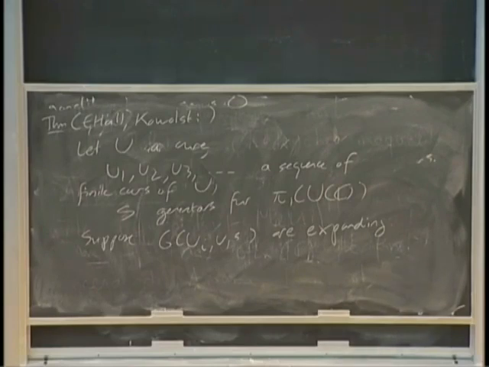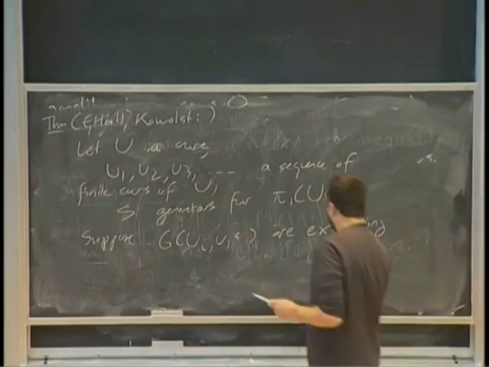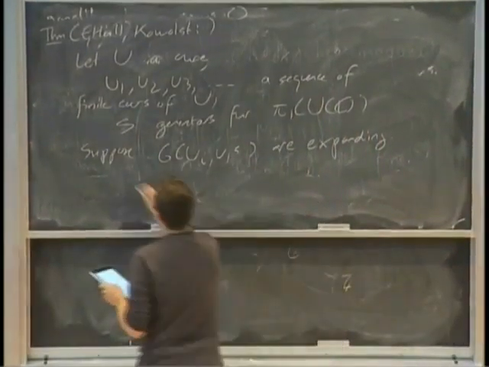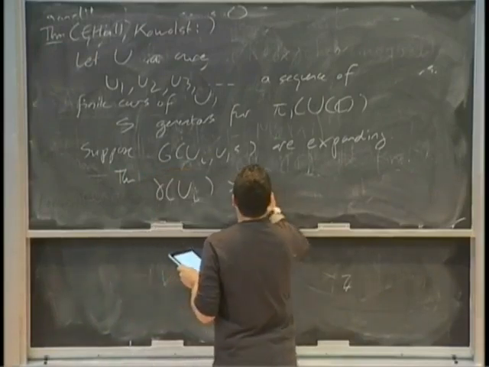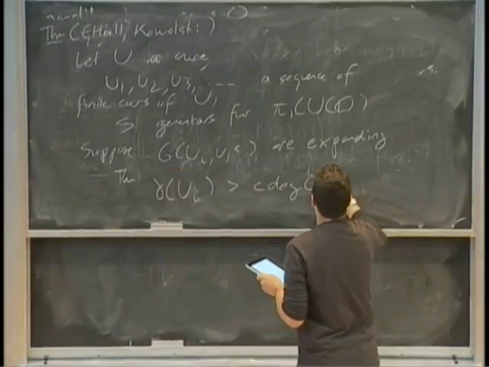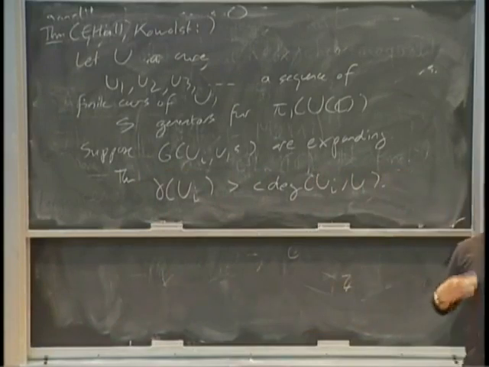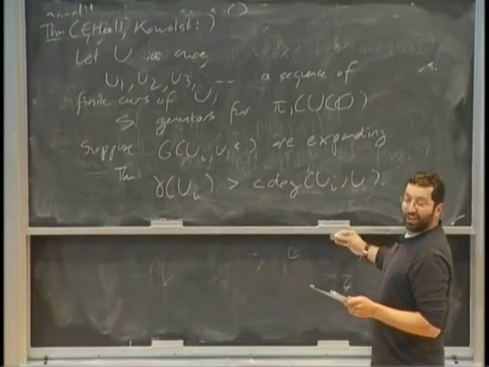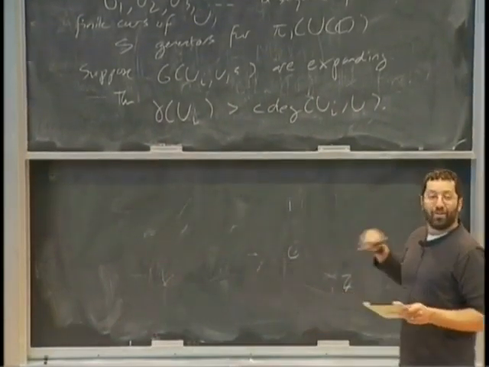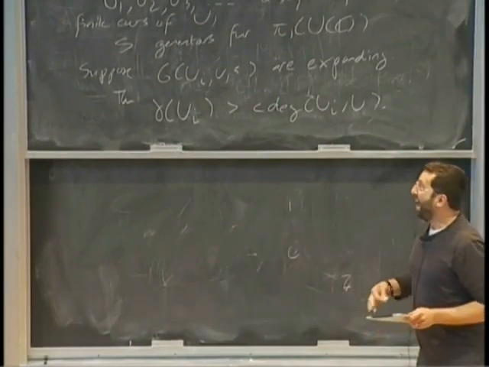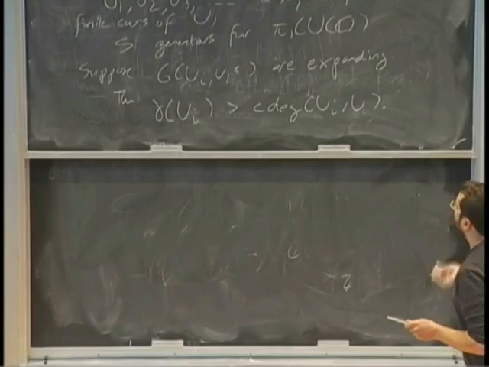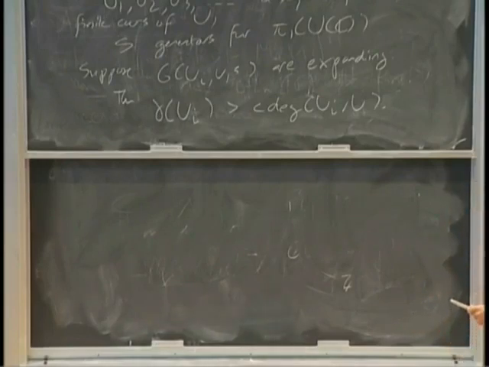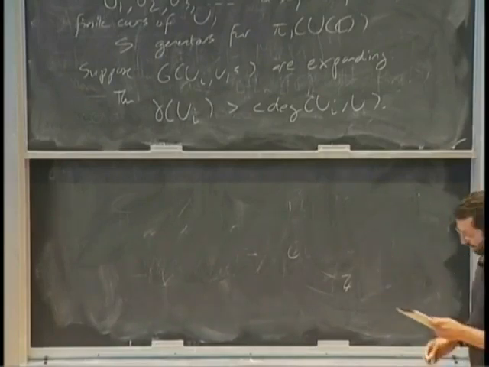So I will say what happens if you have an expander, which is sort of the best case scenario. So suppose these Cayley graphs are expanding, then in fact the gonality goes up linearly with the degree. So this is the fact that I stated about X of n over X of 1. And in some sense, this is not special at all to that case of moduli of elliptic curves.